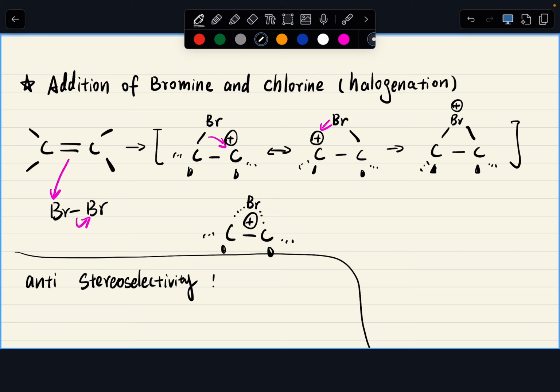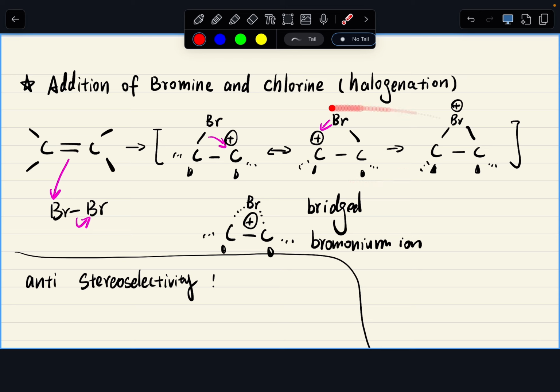And this specific intermediate is called a bridged halonium ion, or in this case, bromonium ion. Right, so that bridge is saying your bromine is partially bound to both carbons, and that positive charge is delocalized over this entire triangle. And remember when we were talking about resonance structures, you have major contributors and minor contributors.